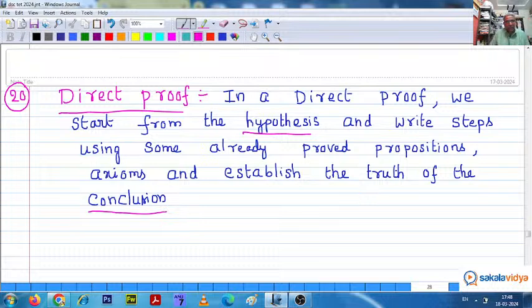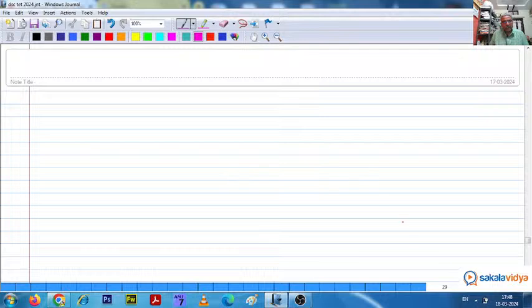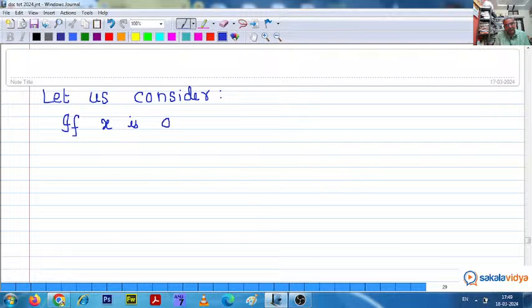For example, let us consider one example. What is the statement? If x is odd, then x square is odd. Here, x is odd is given, then x square is odd.